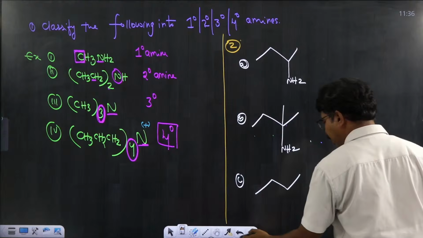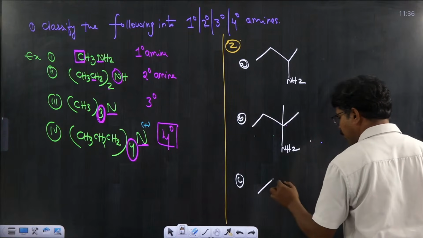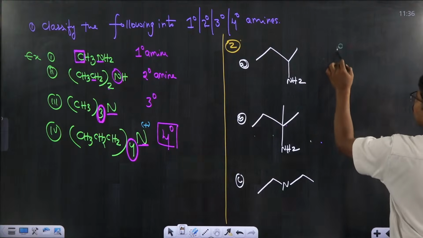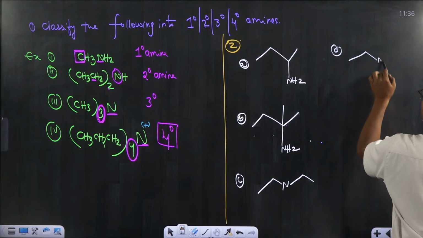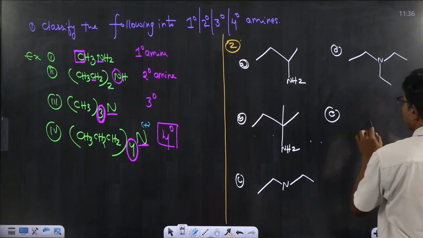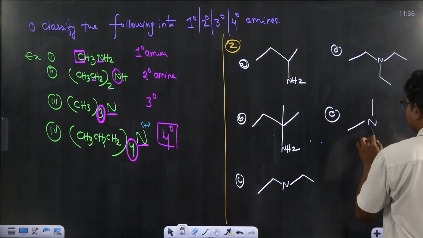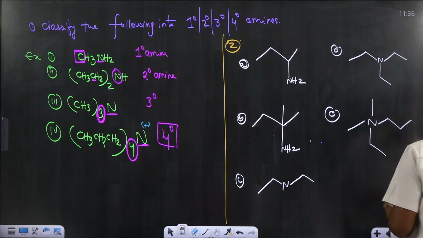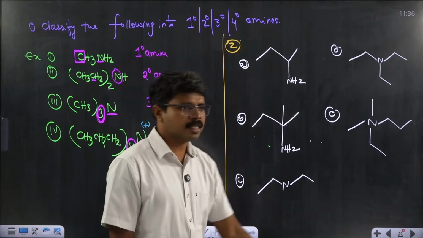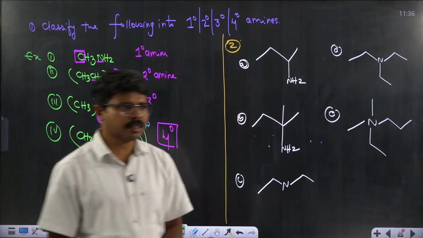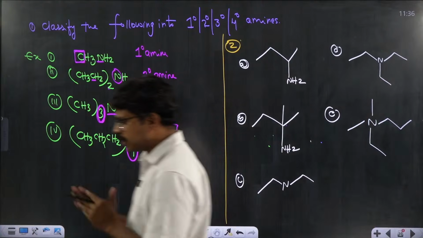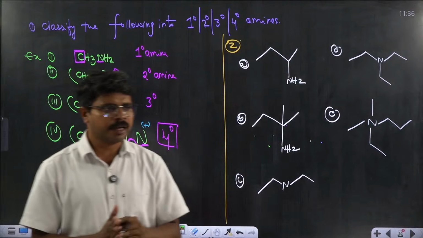Try to properly classify these compounds, A, B, C and D. It is actually a very simple question. Try to answer the classification of the given amines into primary, secondary, tertiary and quaternary.